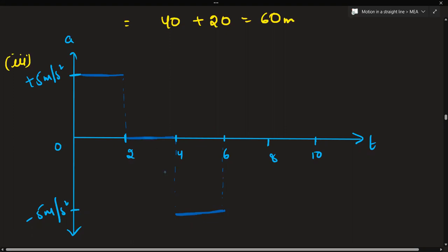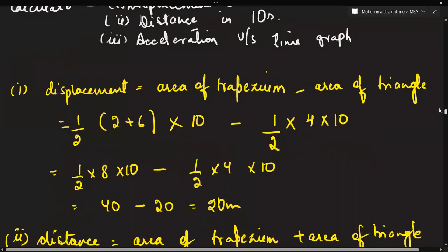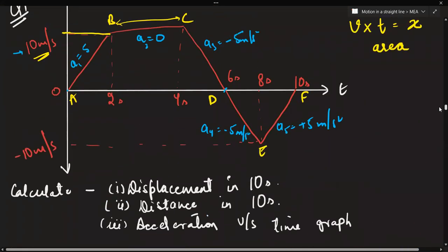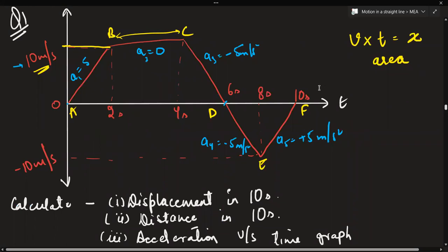These dotted lines are just showing in which time interval they are lying. So 6 to 8 seconds are also negative. And then this is positive for 8 to 10 seconds. This will be the graph of acceleration versus time for the same question. Fine, so note it down. If you have any queries, ask me. Then we'll start with the test.